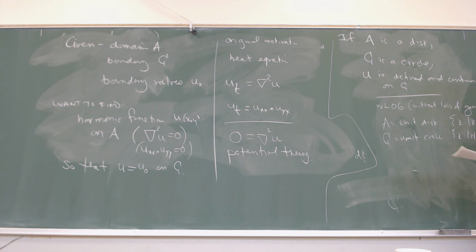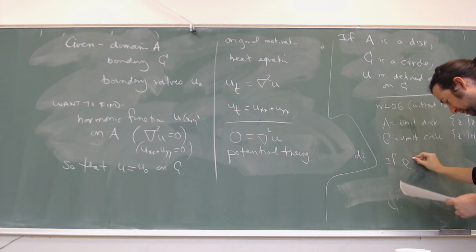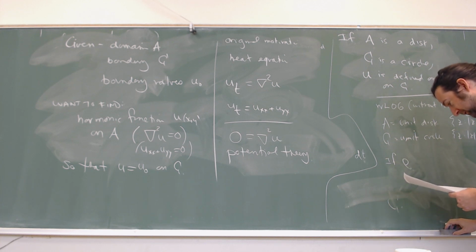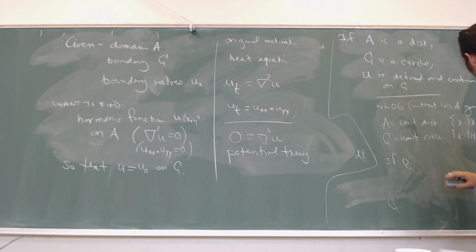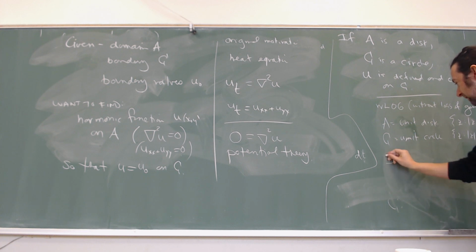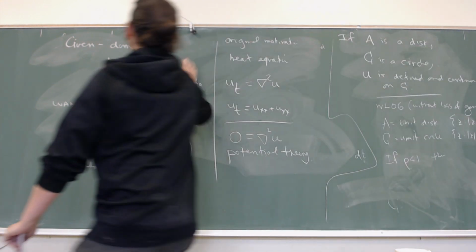And in that case, if rho is, oh dude, sorry. I'm just going to keep doing it this way. If rho is less than 1, then u of z, oh my god, there's not going to be enough room for this monstrosity.